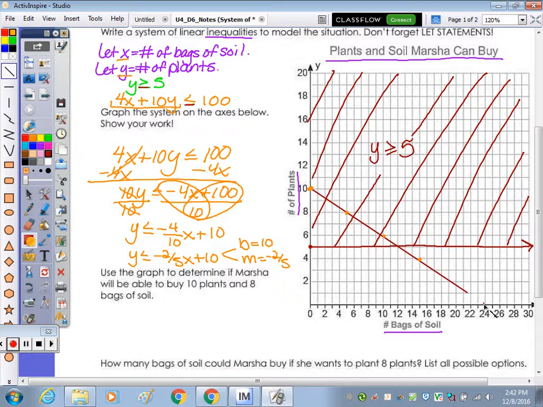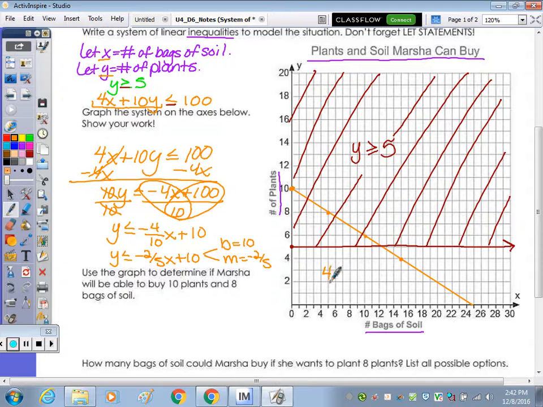That's going to hit where on the axes? What did we say it was? 25. So that won't have an arrow. We're going to shade above or below? Below. So I'm going to label it first.